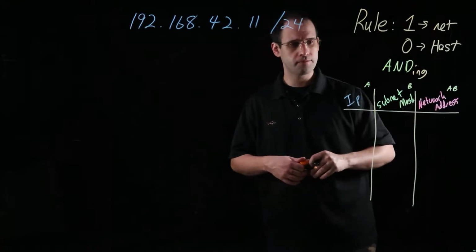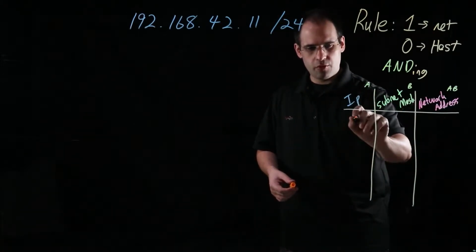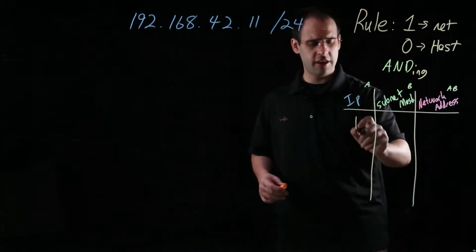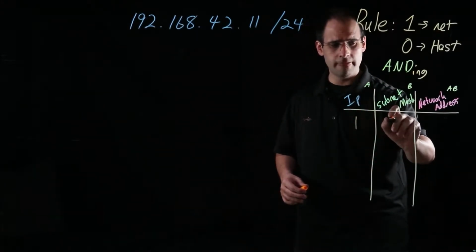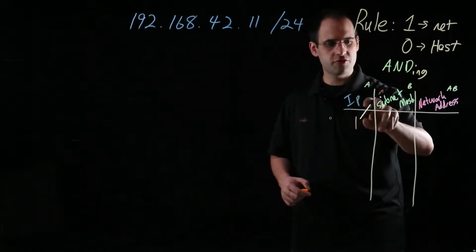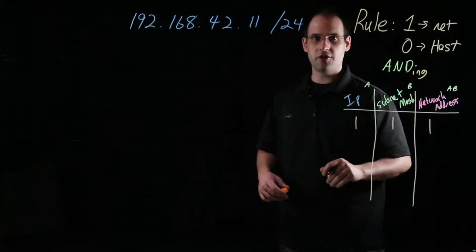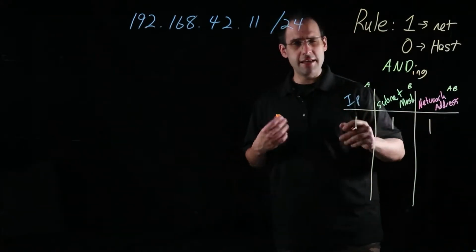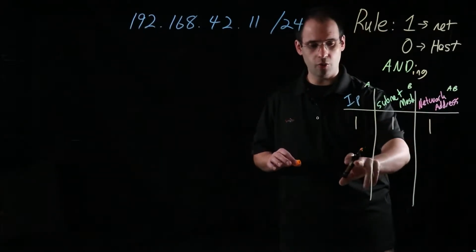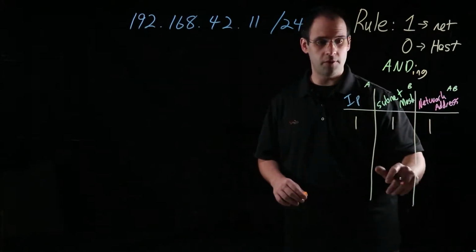This is a special address that represents all of the different devices, or essentially the network that we're operating in. In an ANDing table, because this is binary, we have zeros and ones. Anytime we have a 1 on our IP address and a 1 on our subnet mask, our network address binary value is going to output a 1. Any other combination, whether it be a 0 and a 1, a 1 and a 0, or a 0 and a 0, we're always going to get a 0 output.